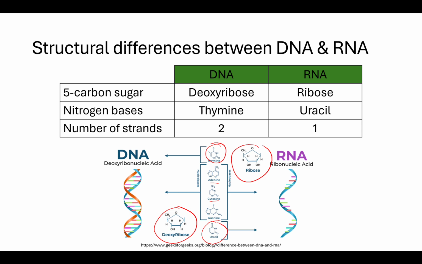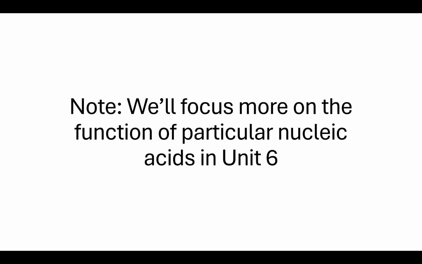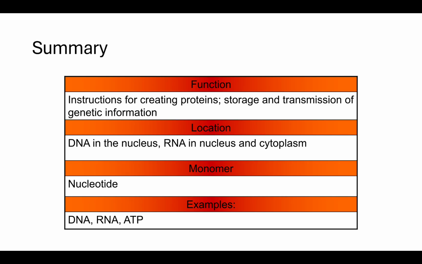Another thing, DNA is always double-stranded, whereas by default in general, RNA is usually single-stranded, and we'll talk about some exceptions to that later. Okay, and we're going to focus more on the function of these nucleic acids when we get to Unit 6 and talk about genetics. For now, we're mostly focusing on the structural differences.